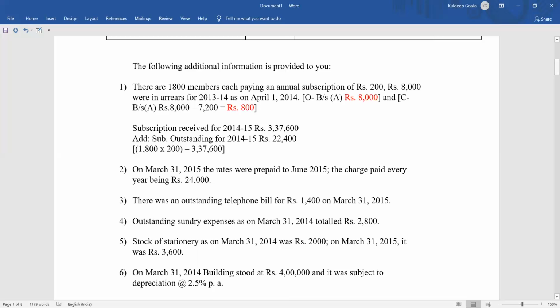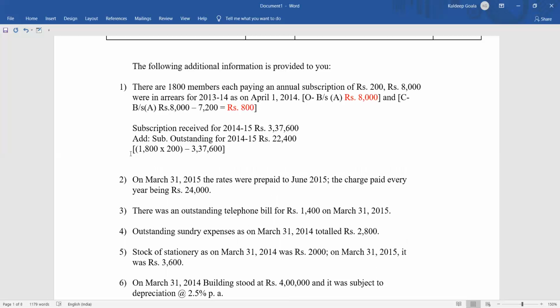So obviously, the total subscription that will be due will be like this. Subscription for 2014-15 will be rupees 3,60,000.